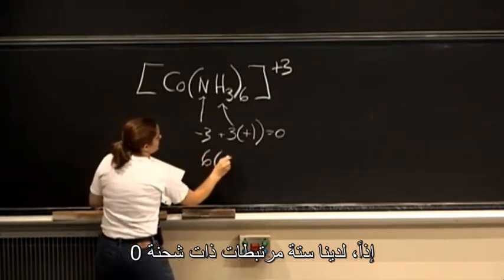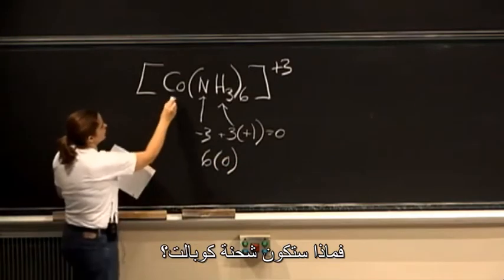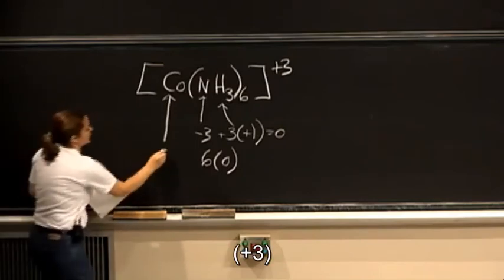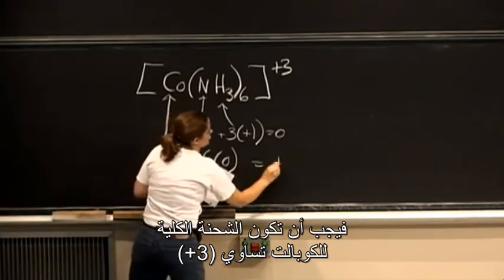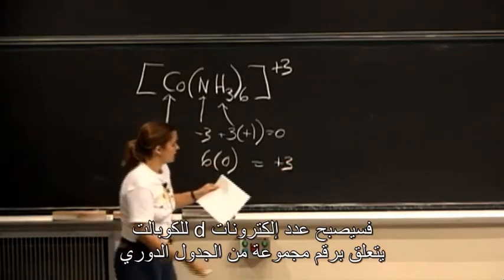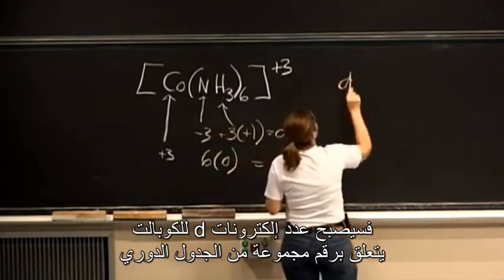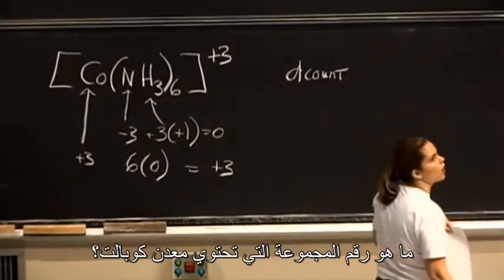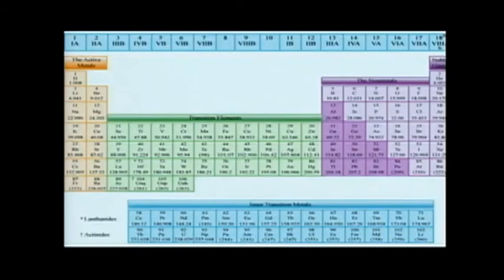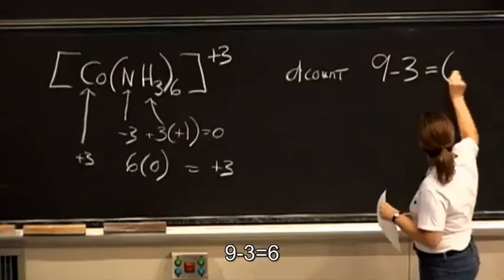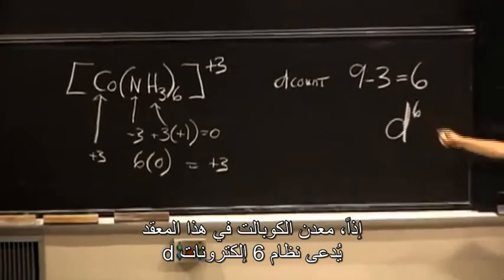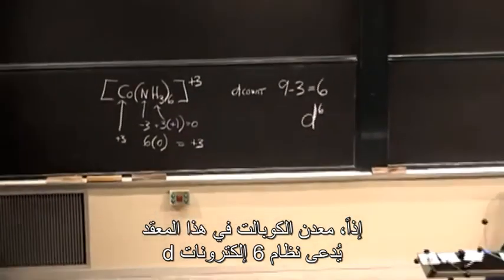So we have 6 things of 0. What does that leave for our cobalt charge? +3, because overall, it has to equal +3. Then our d count for our electrons is going to be the group number. For cobalt, what's the group number? 9. So 9 minus 3 is 6. So this cobalt in this complex is what's called a d6 system.